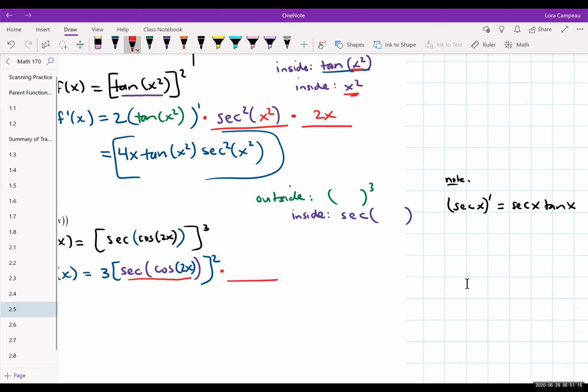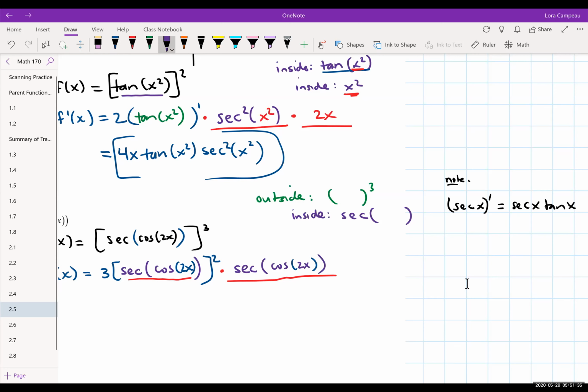It's going to be a little longer chain. It's not just secant x tangent x, it's going to be secant of cosine of 2x.